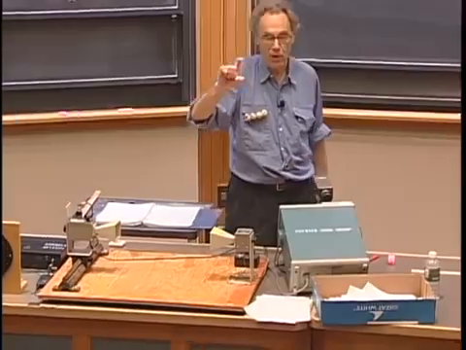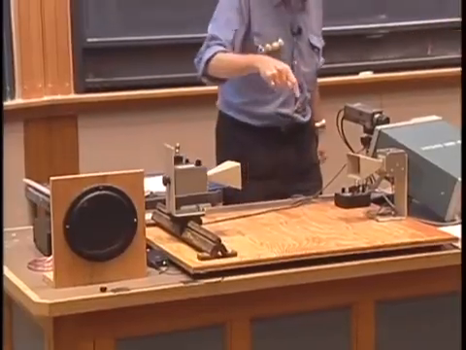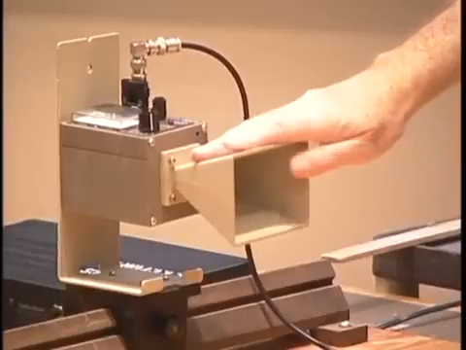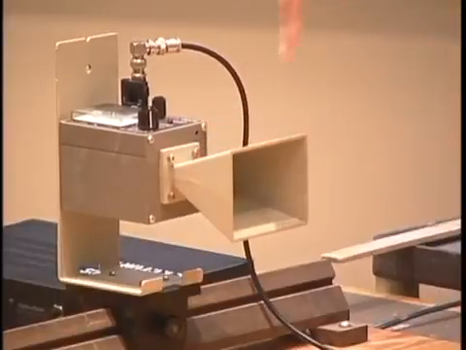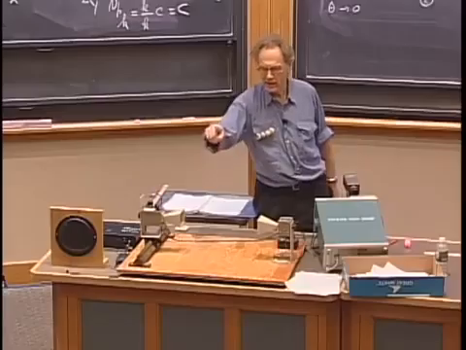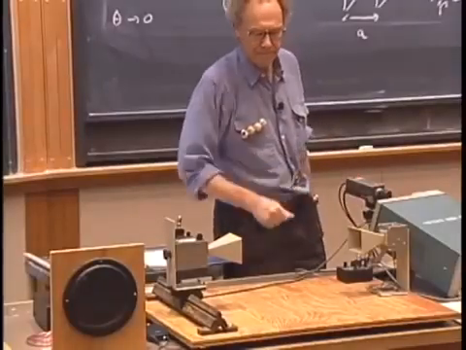It's only a very small antenna, because it's only 3 centimeters wavelength. So the E field goes like this, and here is the receiver. If we put the antenna of the receiver like this, it will receive the signal. If we put the antenna like this, it says, sorry, I can't receive it.